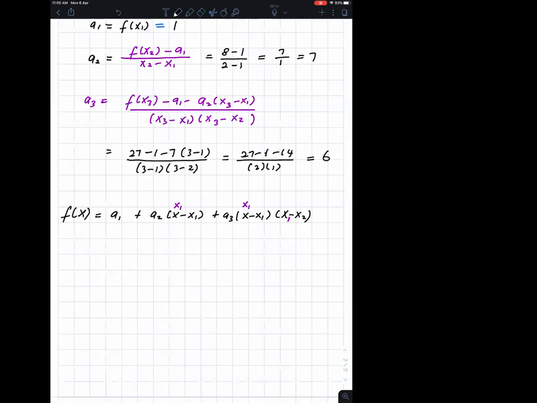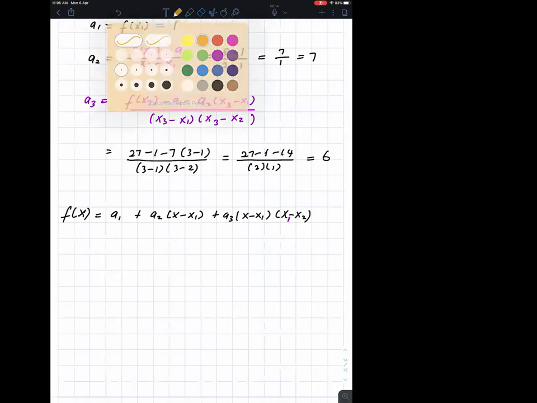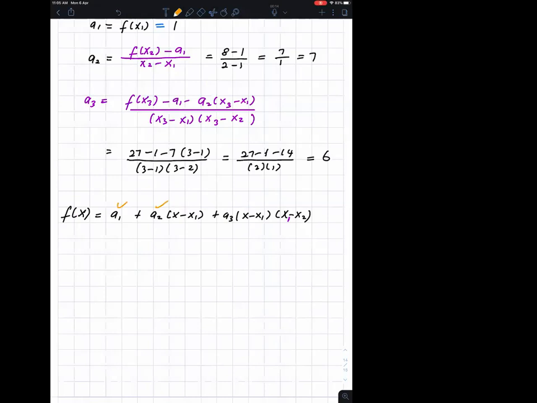We already found A1, A2, and A3. x1 and x2 are not found, they're given.